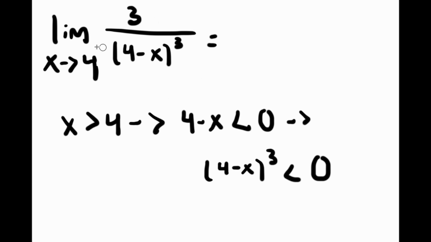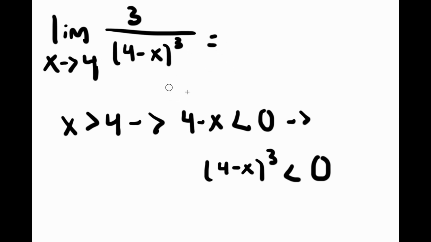Because we could tell from here, the more we do it, we also have an exponent we have to consider. It becomes larger and larger, but it's still negative due to the fact that the exponent is an odd value. If it was squared, then our two negatives would give us a positive, if our exponent for the denominator is even.